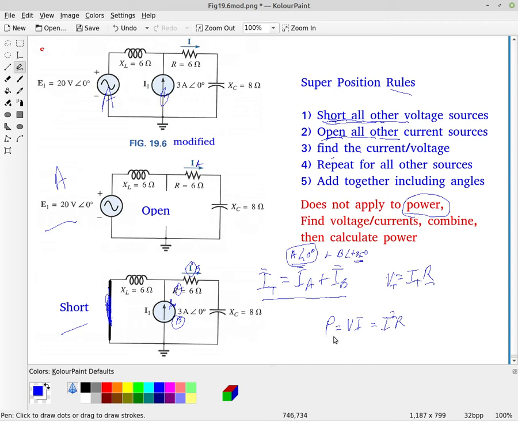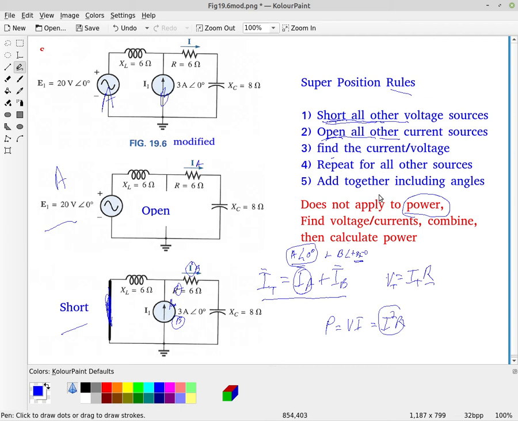This is P for true power in watts. And so you can't add power for source A and power for source B because of that squaring of the current. That's just not going to work.